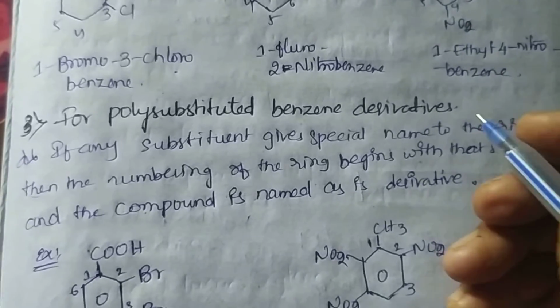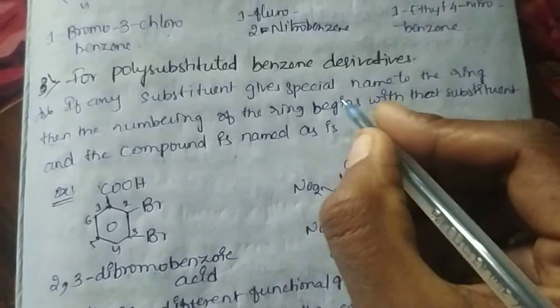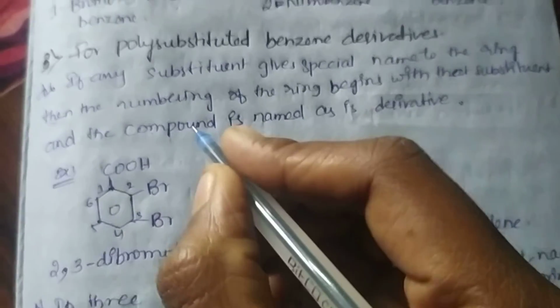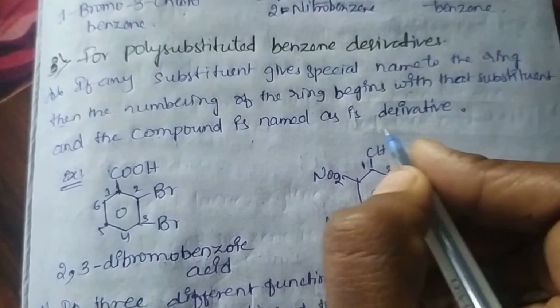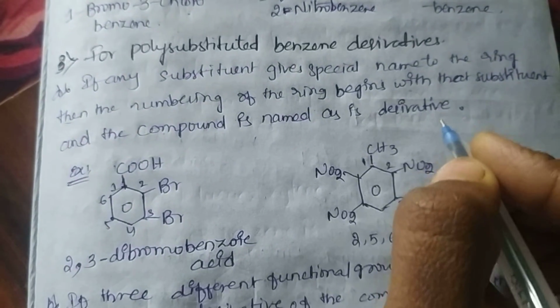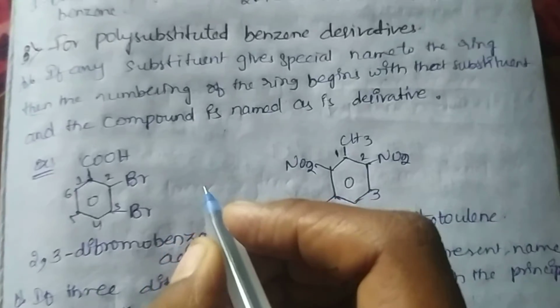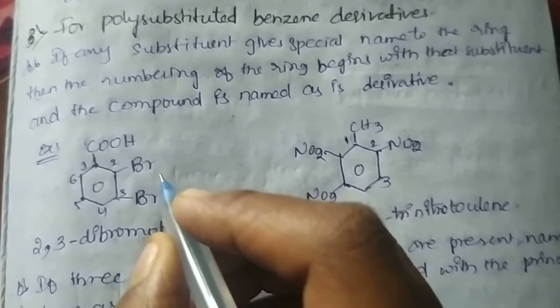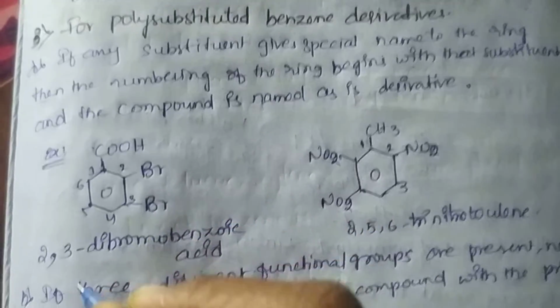And next, for polysubstituted benzene derivatives, give special names to the ring. Then the numbering of the ring begins with that substituent and the compound is named as its derivative. First give the numbering, beginning with the substituent, and next consider the ring.